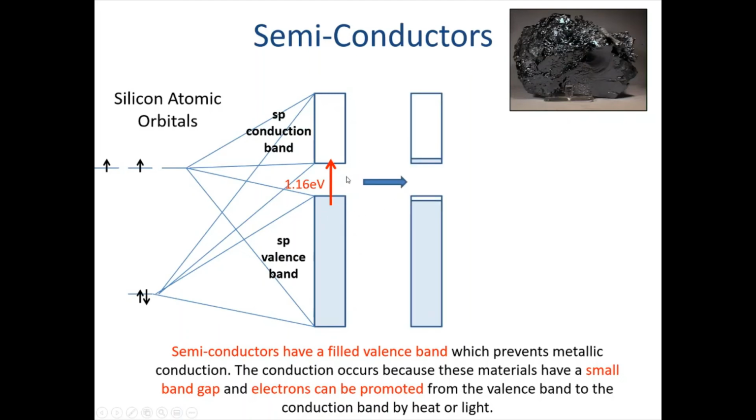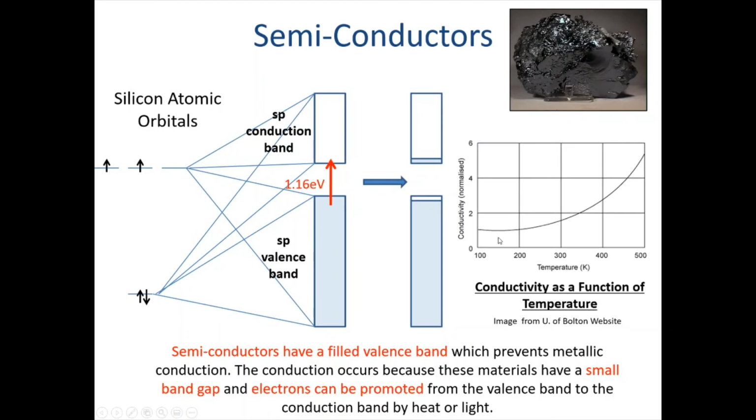And so if you give this a little bit of energy and you promote some electrons with light, meaning you shine light on it with enough energy to promote electrons, now you can get conduction because some of the electrons are promoted into this band, and now you have a partially filled band and a partially filled band. That's why this is called the conduction band, because this is where you can start to get the electron hopping through the material.